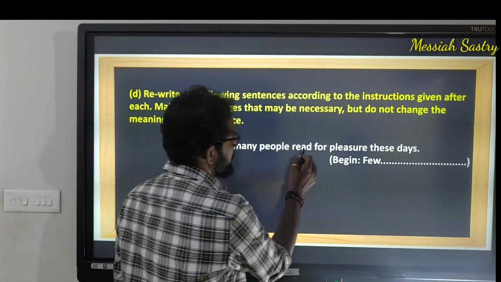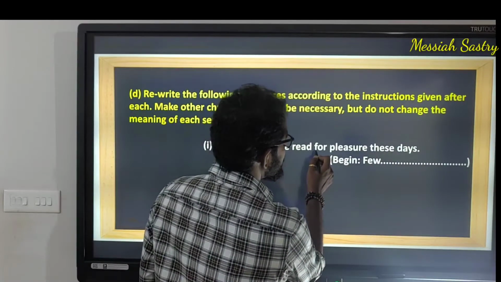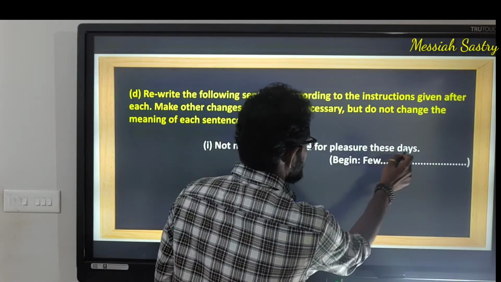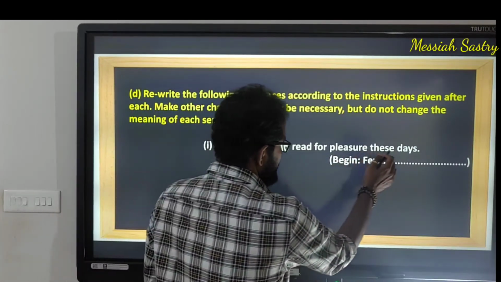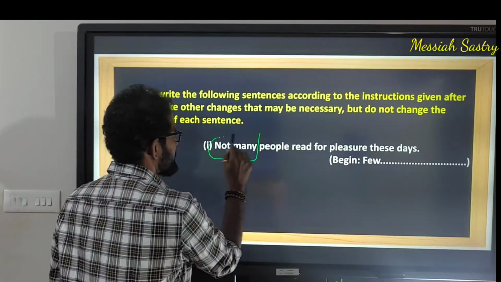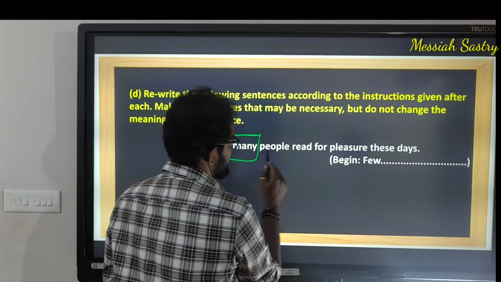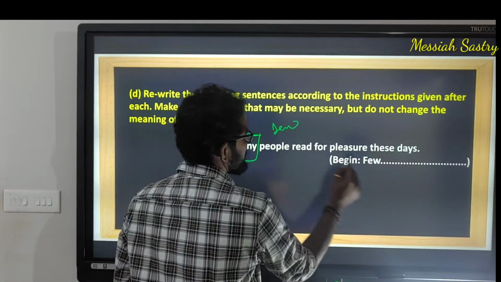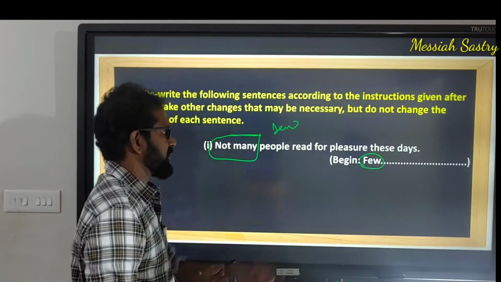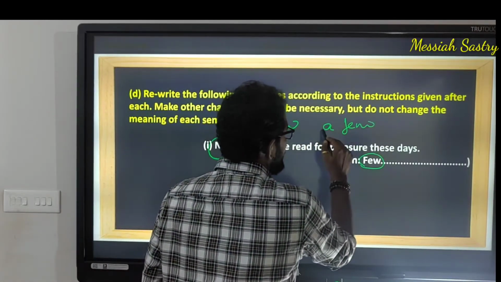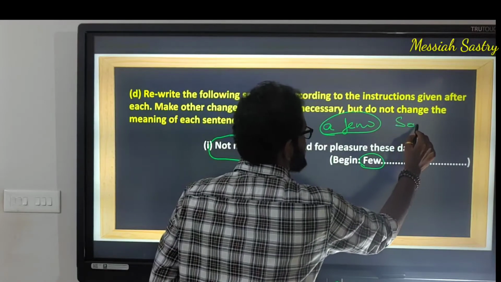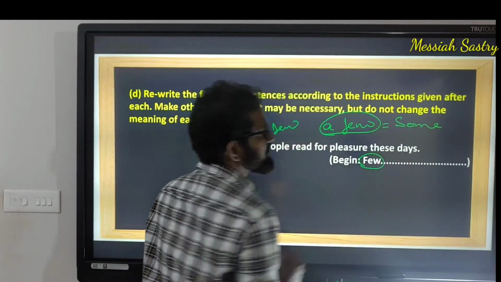Not many people read for pleasure these days. Not many is nothing but few. Few indicates not many. And there is another word, a few. A few means some. So be careful with the meaning.